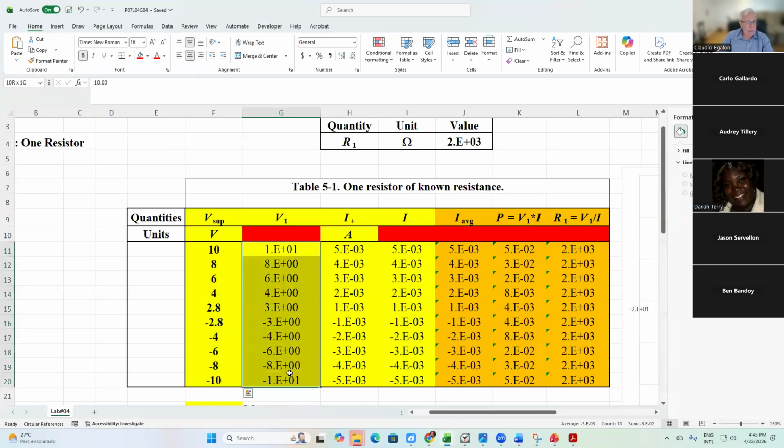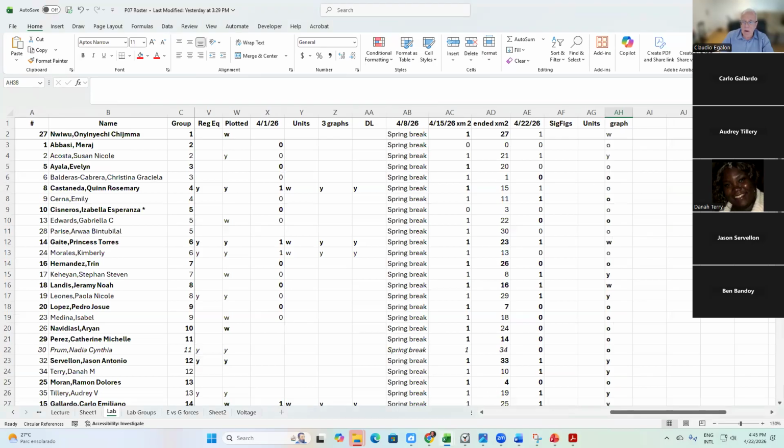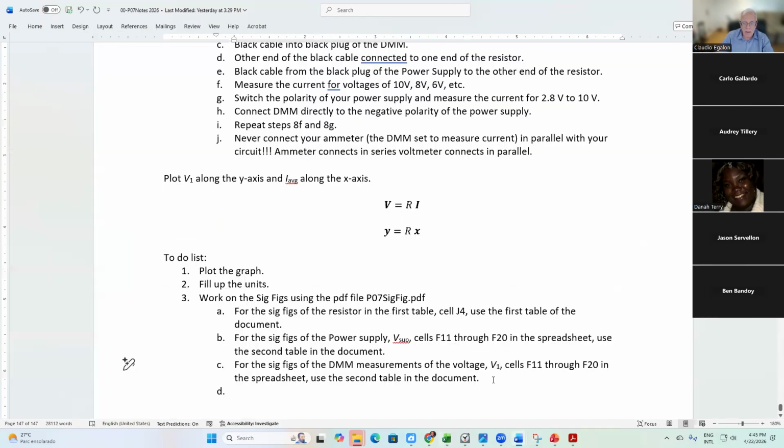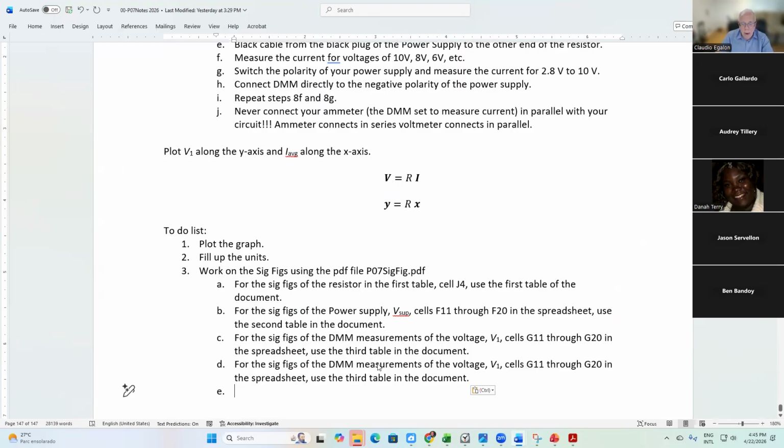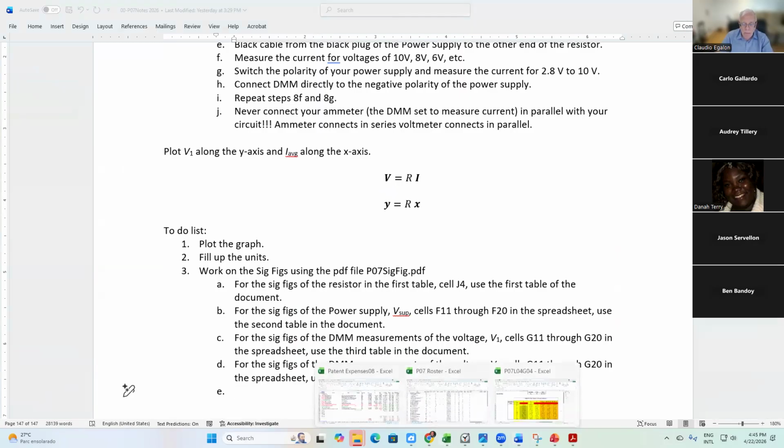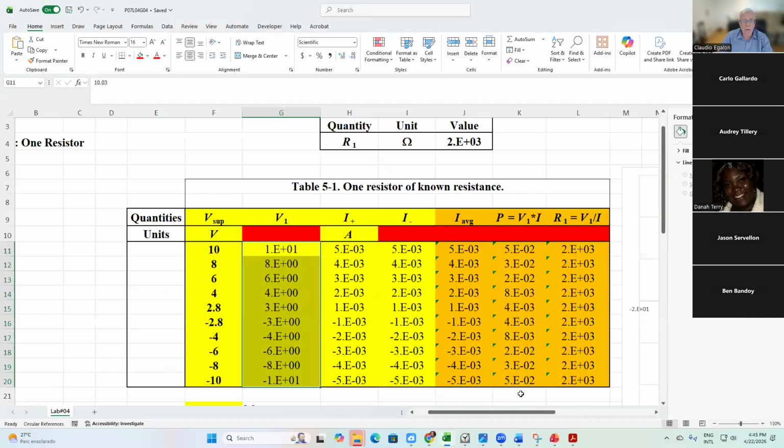G11 through G20 cells. Use the third table in the document. Orderly, right? That's orderly. What else? Here you go.